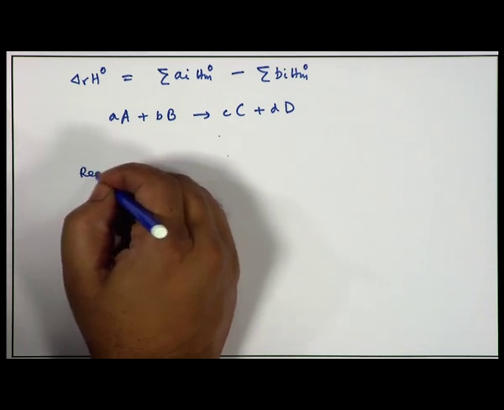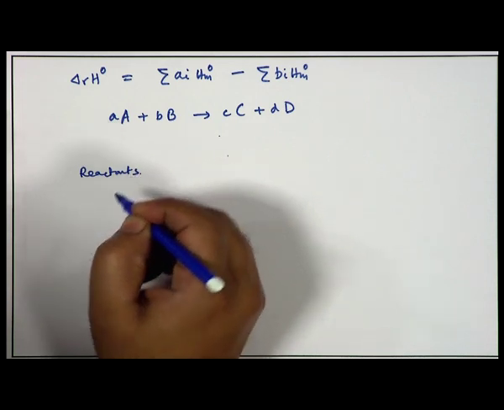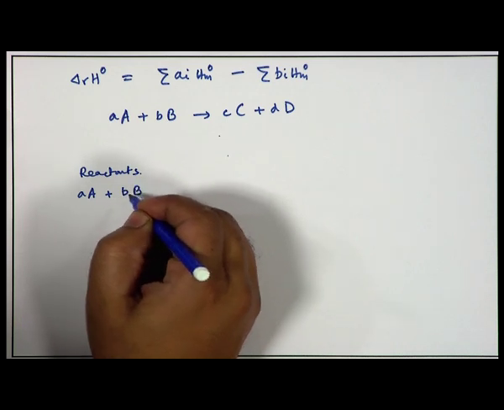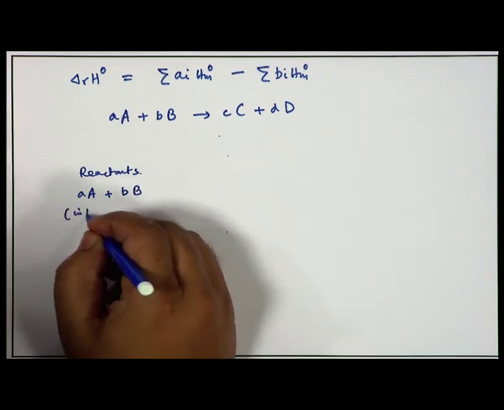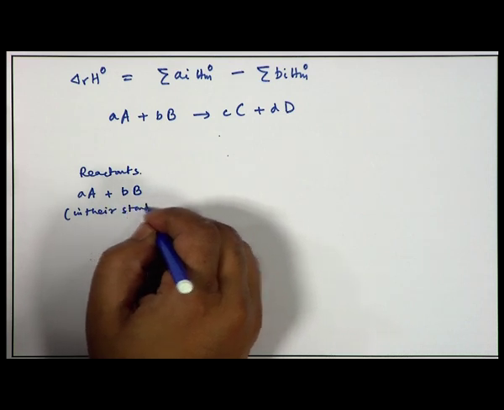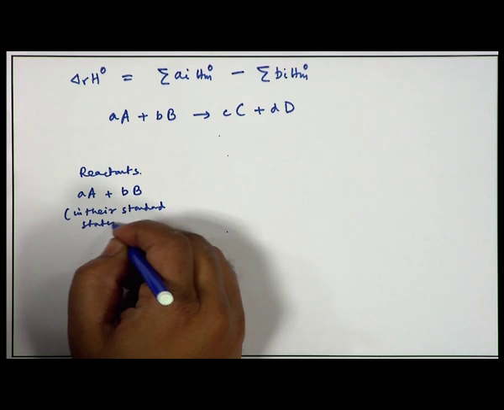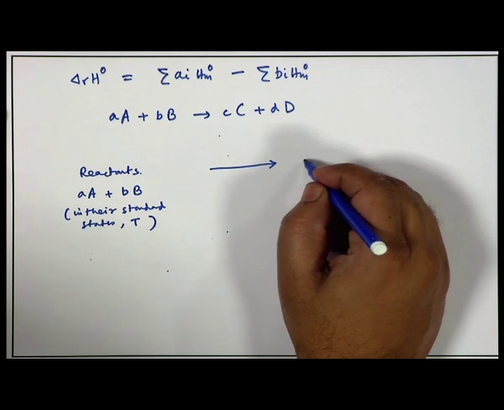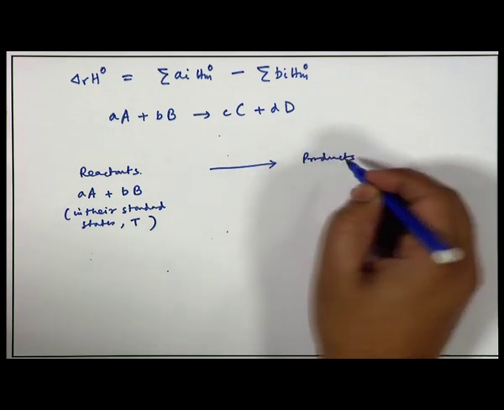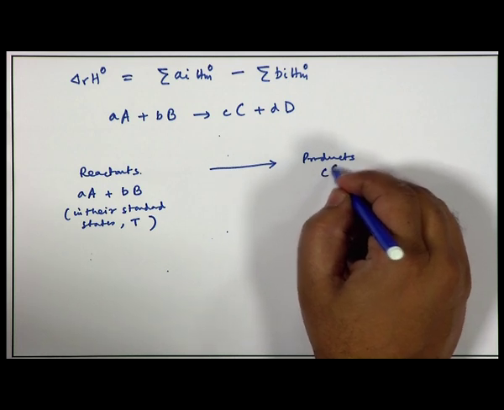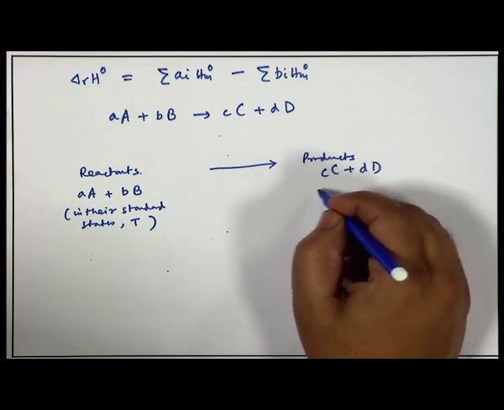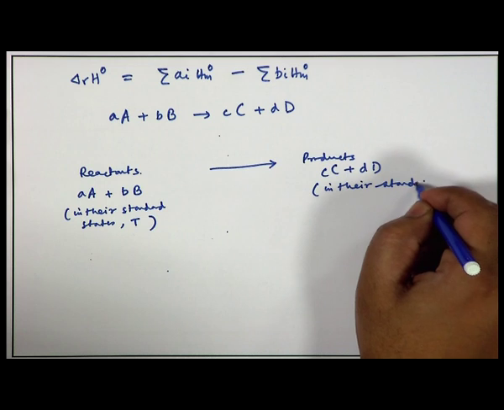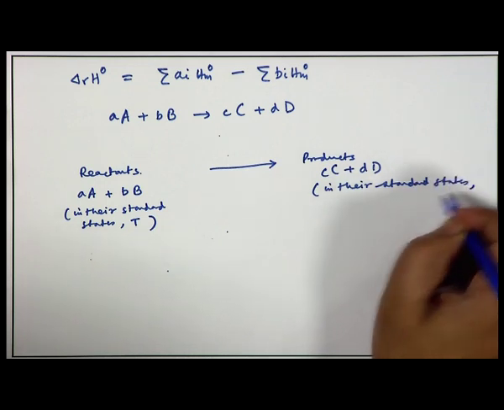I can consider the reactants, in this case A plus B in their standard state at some temperature T to products, C plus D, again in their corresponding standard states and at temperature T.